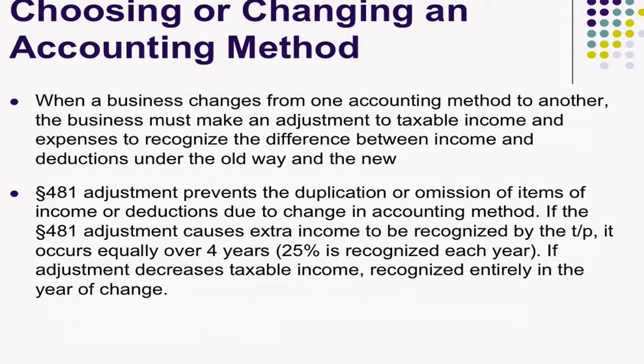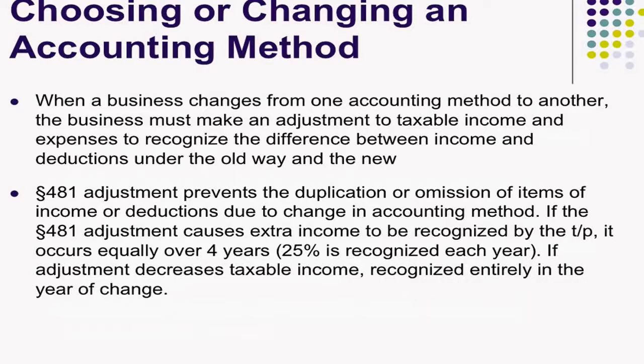Well, in 2017, I decided, I'm going to the accrual method. I'm growing. I think it's a better way for me to go. I need to do a 481 adjustment. I don't take that $25,000 of income and just divide it by 4 and say, okay, that's that, and then I'm going to take this whole expenses, $5,000 of expenses this year in 2017. What I do is net them.